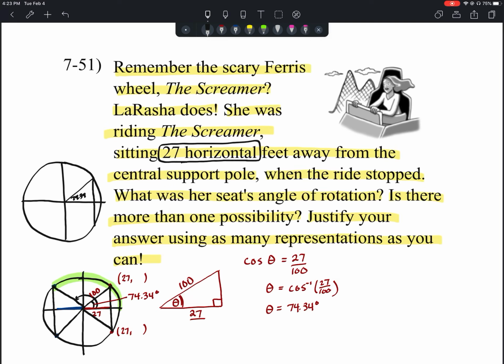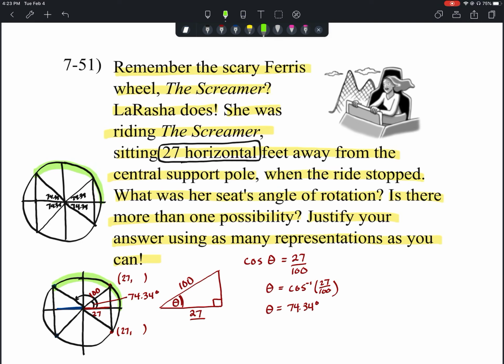If we draw in that bow tie, that 74.34 could be here. The angle this one makes with the x-axis is 74.34, and same thing in quadrant 2. The first one we already said was 74.34. This one, as we go to here, is 74.34 degrees away from the x-axis.